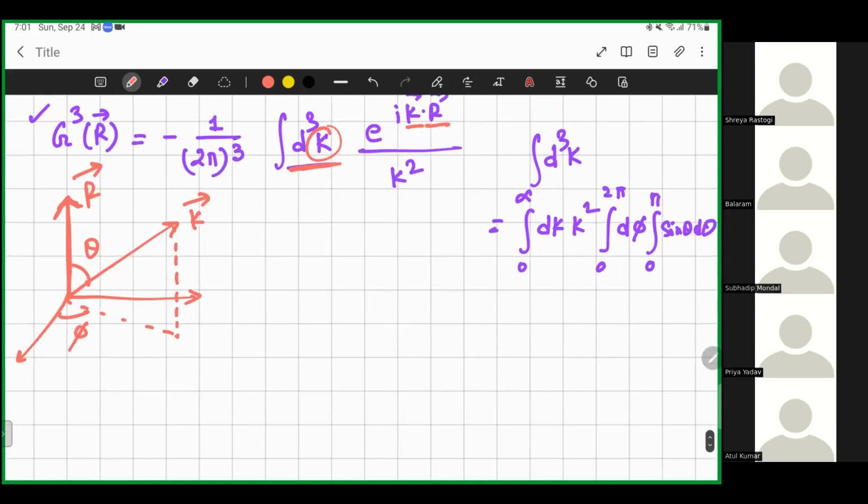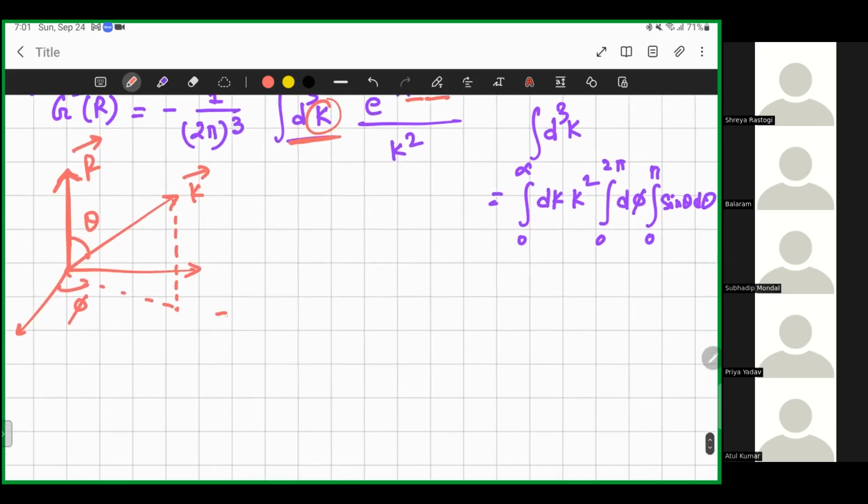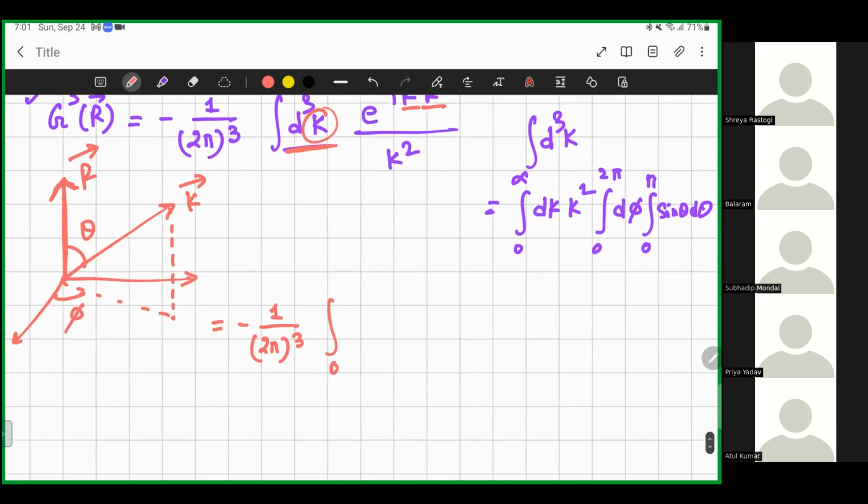Now if we do the integration, then we obtain minus 1 by 2 pi cube, 0 to infinity. If we break down the integration, it will be dk k square. The phi integration will give us just 2 pi.